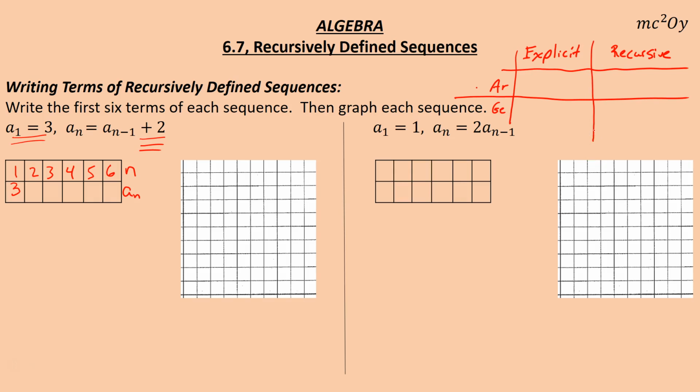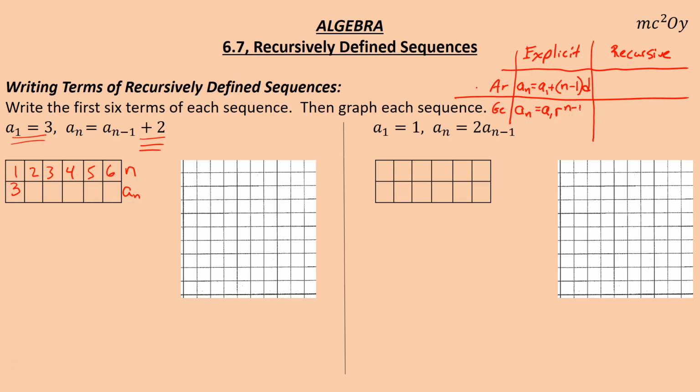Okay, so my explicit rule for arithmetic, remember that's just a sub n is equal to a sub 1 plus n minus 1 times d. And for geometric, it's a sub n is equal to a sub 1 times r to the n minus 1 power.